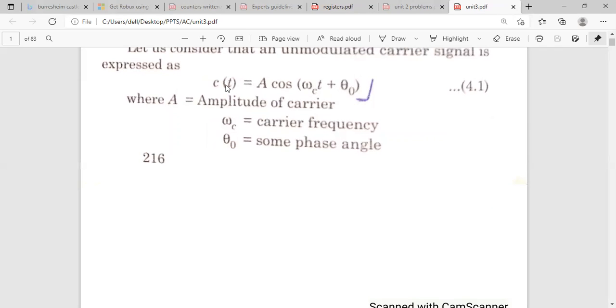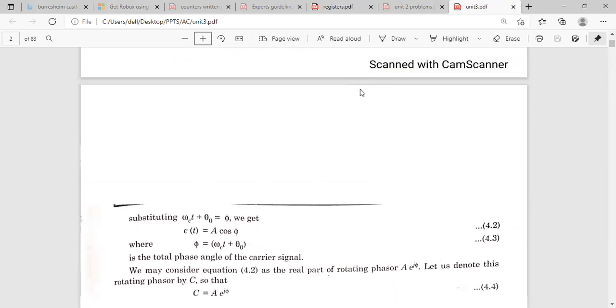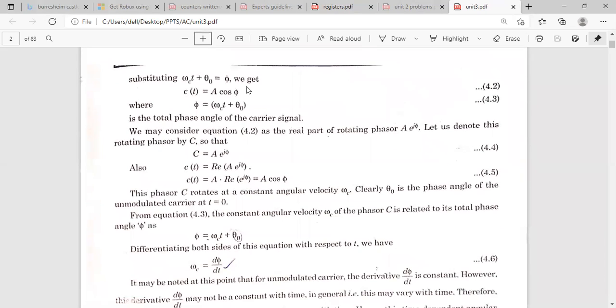Before the modulation, the carrier is called an unmodulated carrier. Here A is the amplitude of the carrier, omega c is the angular frequency of the carrier, and theta naught is some phase angle of the carrier. I am assuming phi is the total phase angle of the carrier.